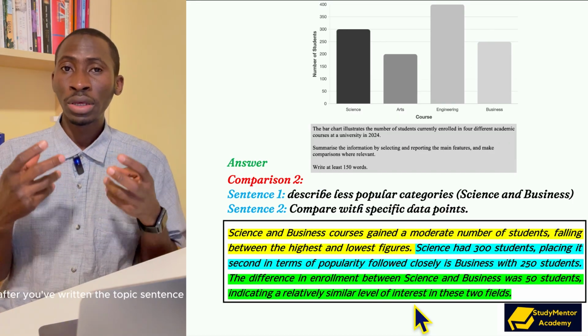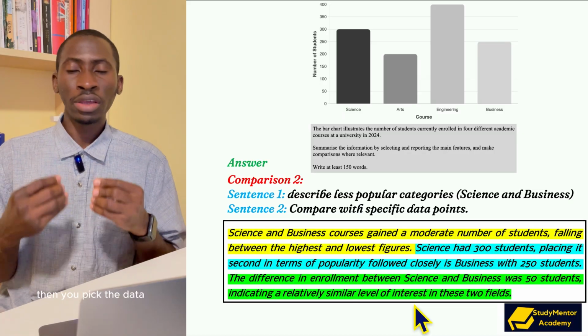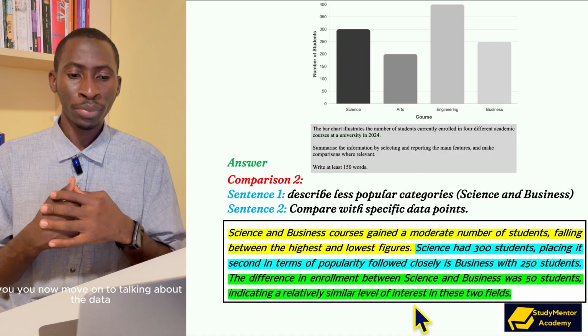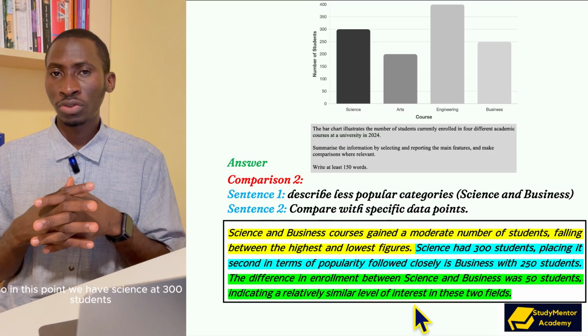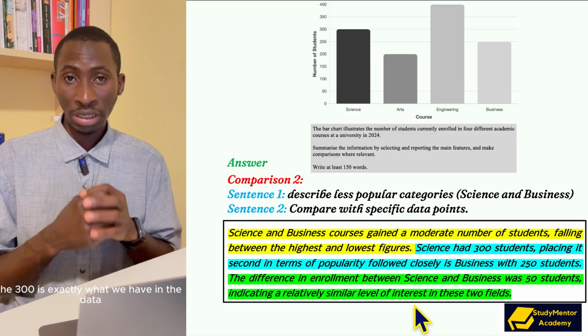After you've written the topic sentence, which is your comparison sentence, then you pick the data. You now move on to talking about the data. So at this point, we have science at 300 students. You can see that the 300 is exactly what we have in the data.